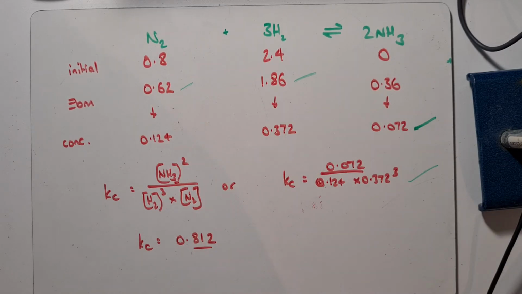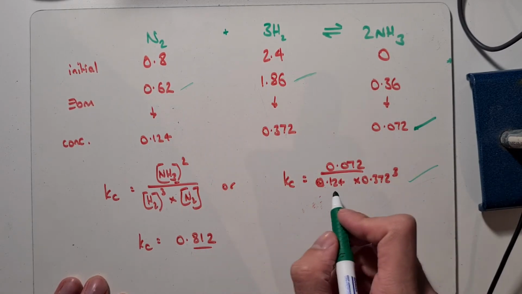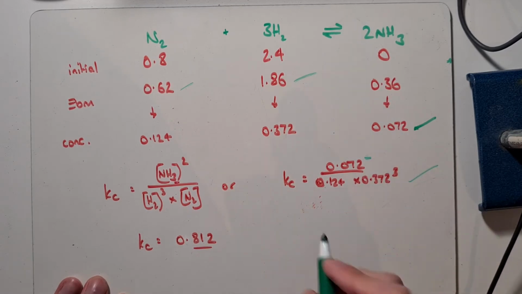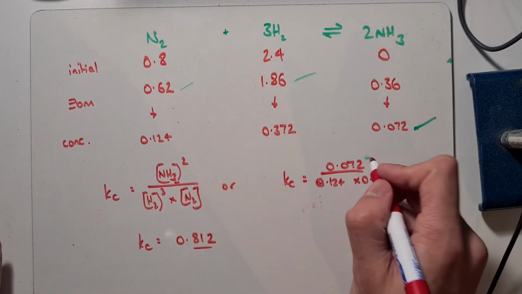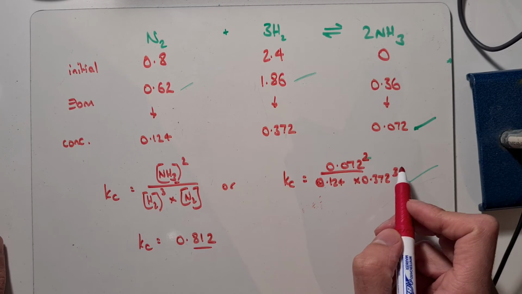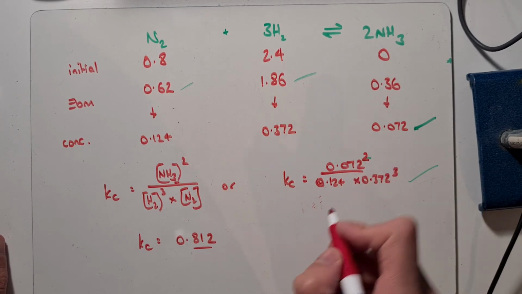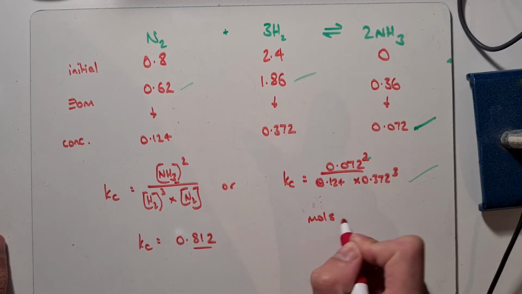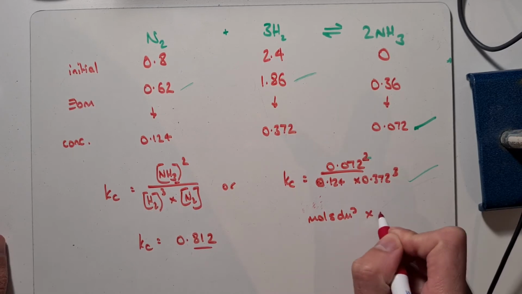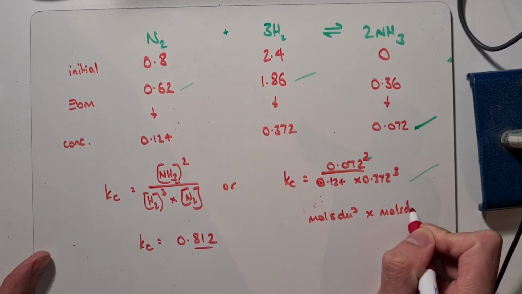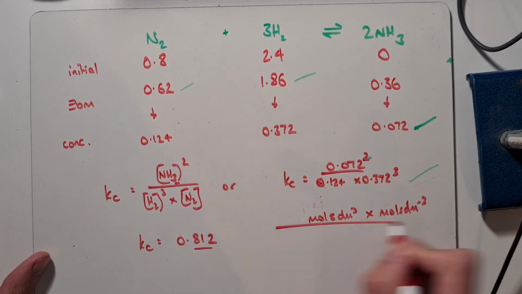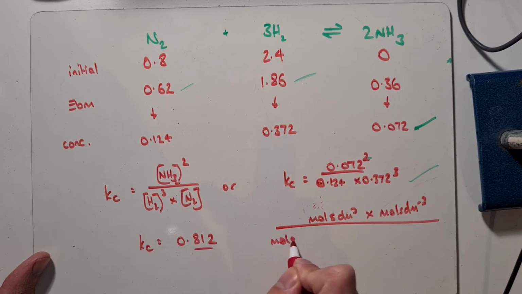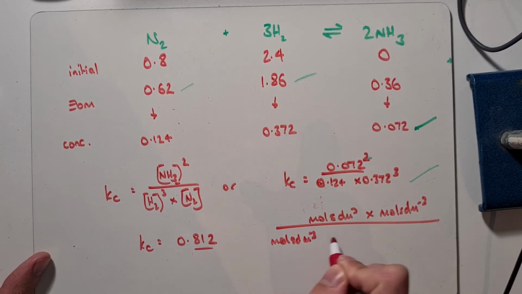Then, so that gave you 0.812, and the units for this, so that should have been squared up there, missed that out, will be moles per decimeter cubed times moles per decimeter cubed divided by 4 lots of moles per decimeter cubed.